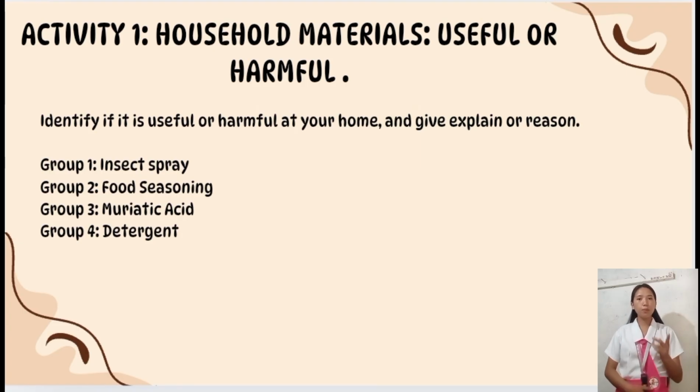Okay, for group 1, your assigned topic is insect spray, and for group 2 is food seasoning. For group 3 is muriatic acid. And last, for group 4 is detergent. Okay, I will give you 3 minutes to do that. After that, I will present your activity.